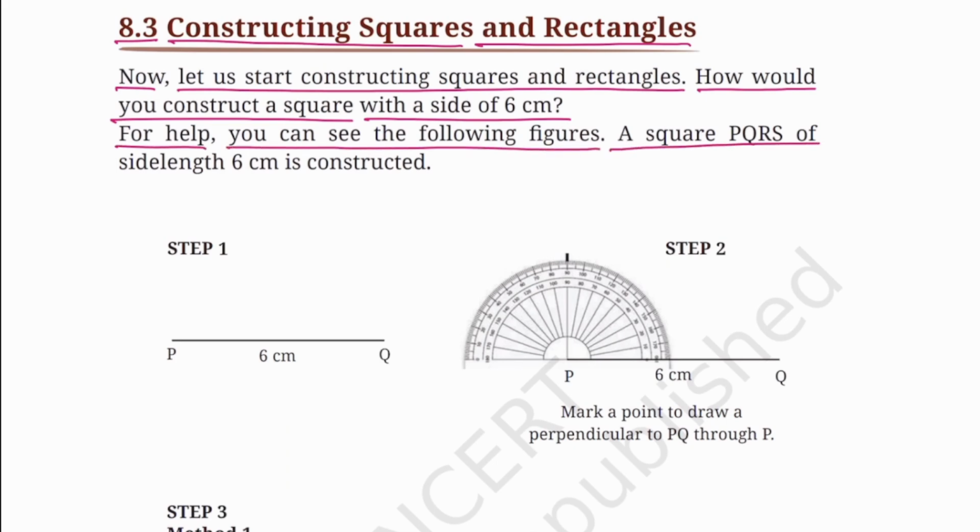A square PQRS of side length 6 cm is constructed. Step 1. Draw PQ of length 6 cm. Step 2. Mark a point to draw a perpendicular to PQ passing through P.